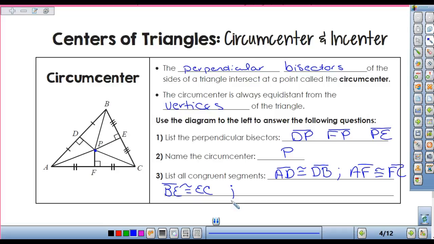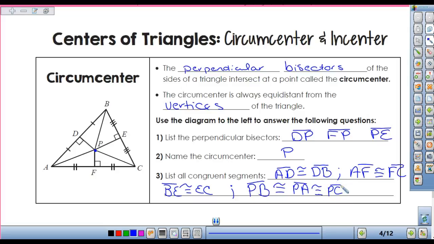So now there are going to be three segments that are congruent to each other, from point P to the vertices of this triangle. So PB is going to be congruent to PA is going to be congruent to PC.